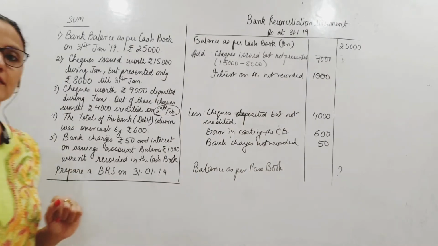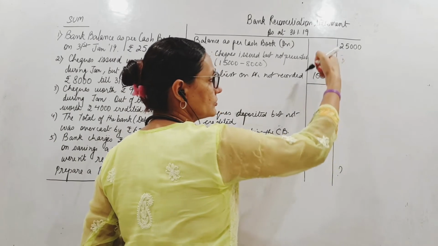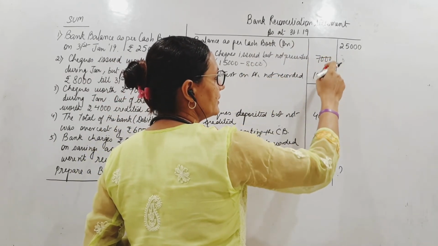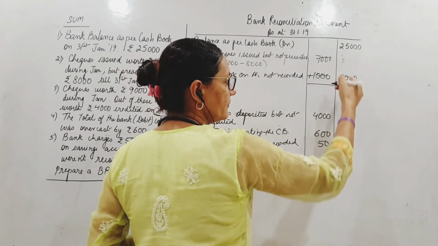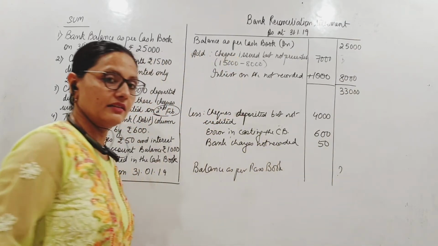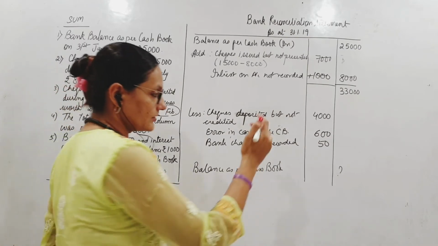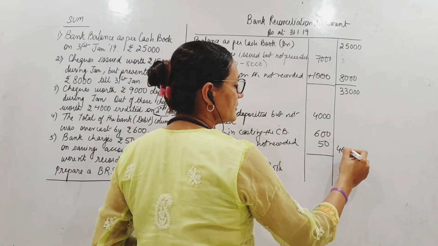All these things done. Now we total up. Why have I put this in the inner column? Because total I will add. Both these things should be added here. 7,000, 1,000. 8,000 I will add to 25,000. It becomes 33,000. Then with these amounts, my passbook balance is less, so I will subtract all of this, total it up. 4,650.